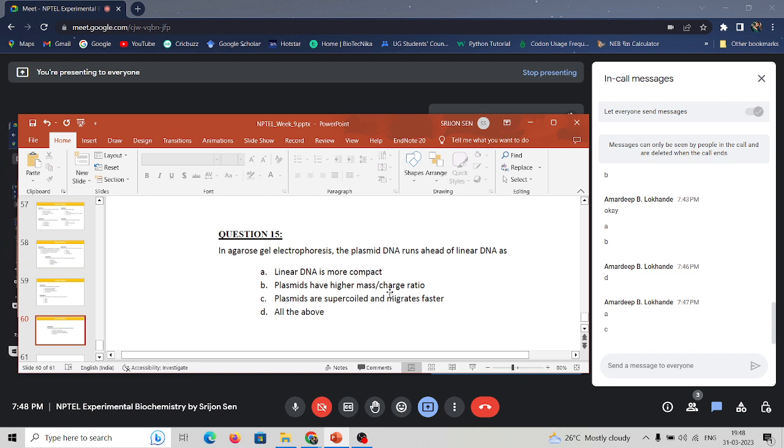Yes, because your plasmids are supercoiled, which helps them to migrate at a faster rate because they are more compact, and because of that they migrate faster. Yes, that is correct.